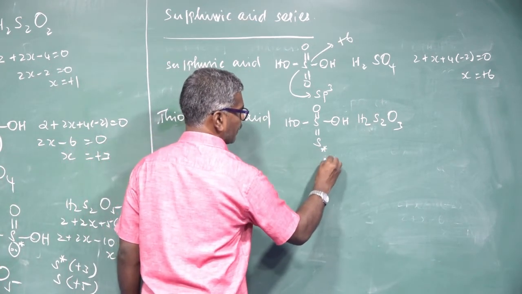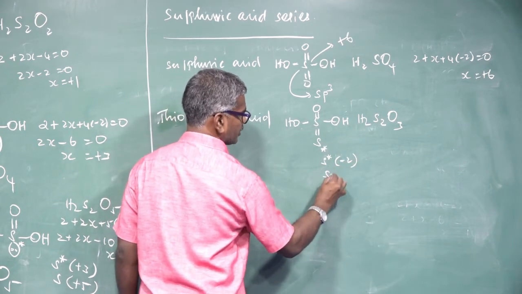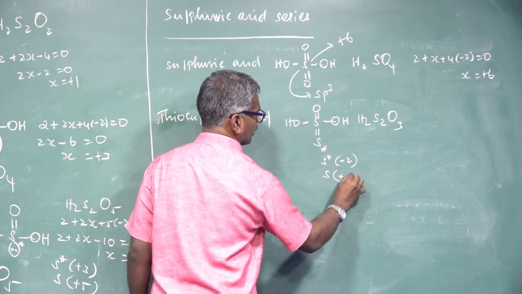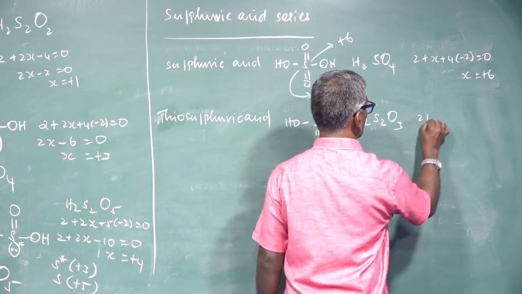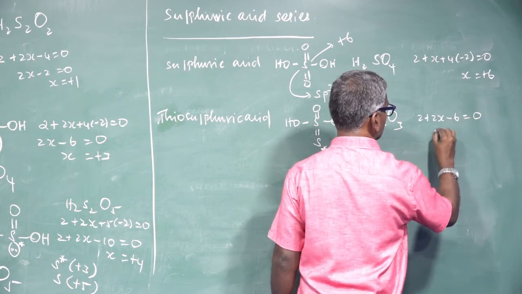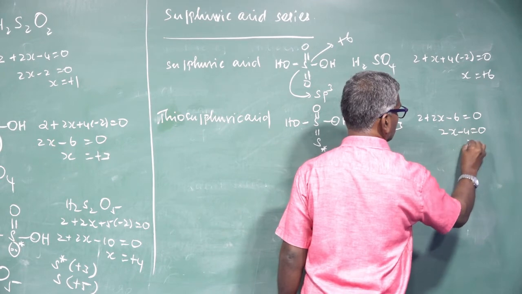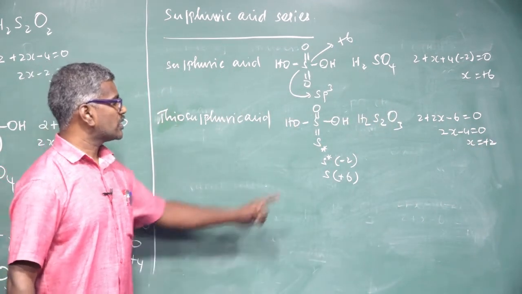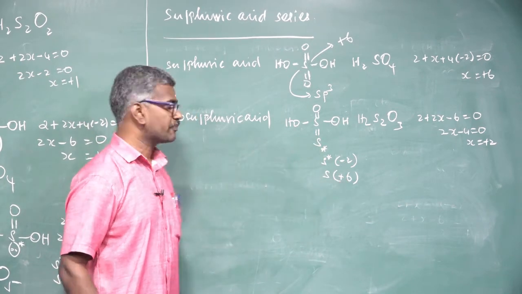This sulfur exhibits -2 oxidation state. This sulfur exhibits 1, 2, 3, 4, 5, 6, plus 6 oxidation state. Overall oxidation state: 2, 2x - 6 = 0, so 2x - 4 = 0, x = +2. Overall oxidation state is +2. This sulfur exhibits +6, this sulfur exhibits -2.